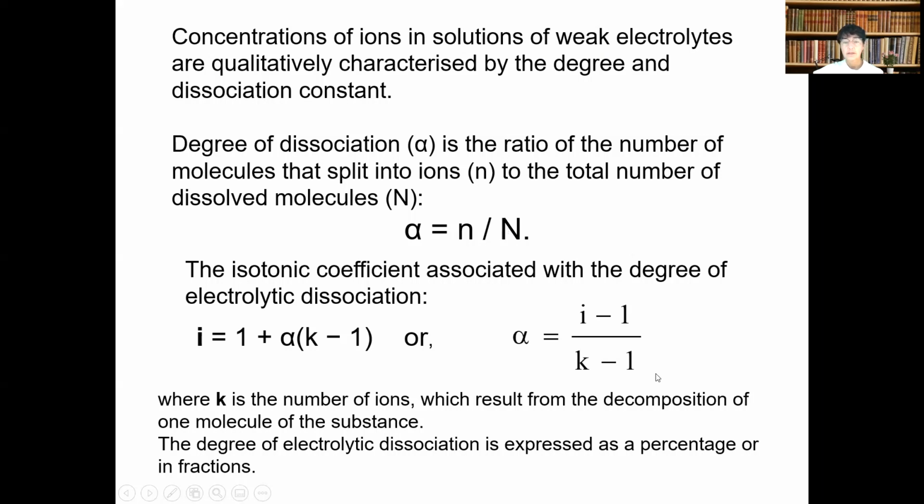The isotonic coefficient is associated with the degree of electrolytic dissociation. One variant of this formula: the isotonic coefficient i is equal to 1 plus alpha multiplied by (K minus 1), or in another mathematical variant after transformation, alpha is equal to (i minus 1) divided by (K minus 1), where K is the number of ions which result from the decomposition of one molecule of the substance.